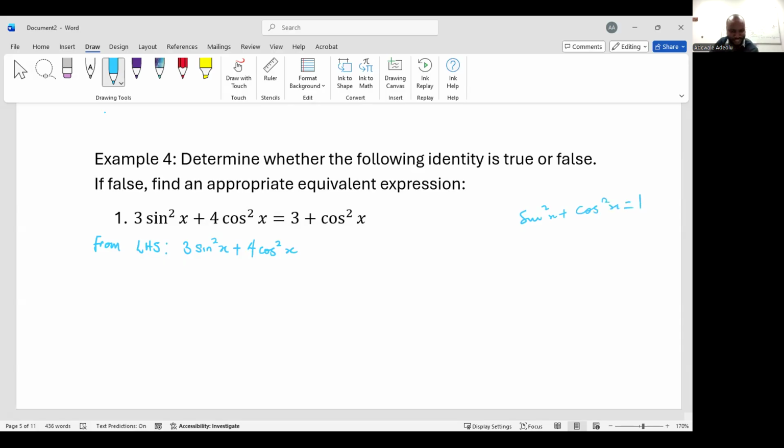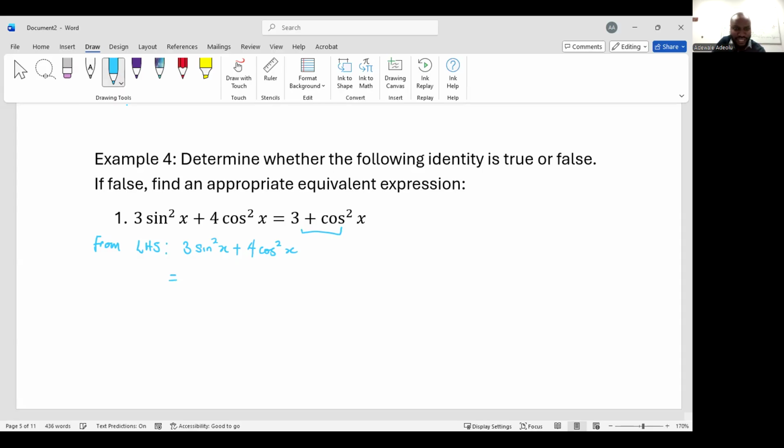But this is not going to help me because in the usual Pythagorean identity, here is 1, here is 1. But what I have here, I have 3, I have 4. So I need to think beyond that. Okay, what else can we do? Well, if I look at my answer, I see that it's in terms of cosine. Well, let me try to get rid of sine.